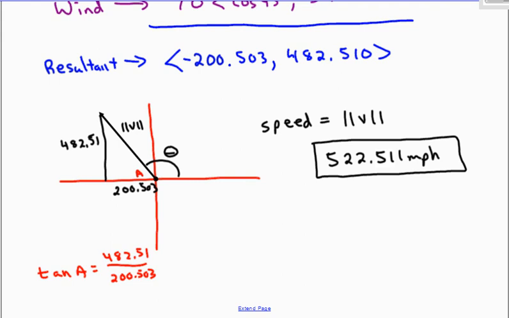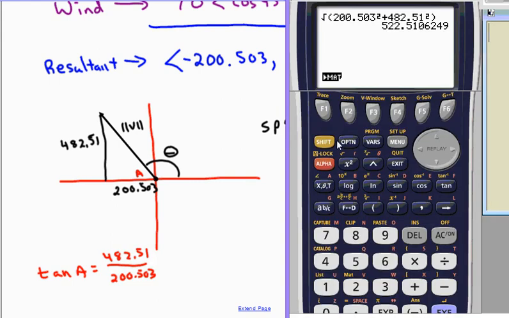So let's find out what angle A is. Let's do inverse tangent of 482.51 divided by 200.503. You guys notice I ignored the negative. The negative just tells me direction. So this angle A right inside here turns out to be 67.435 degrees.